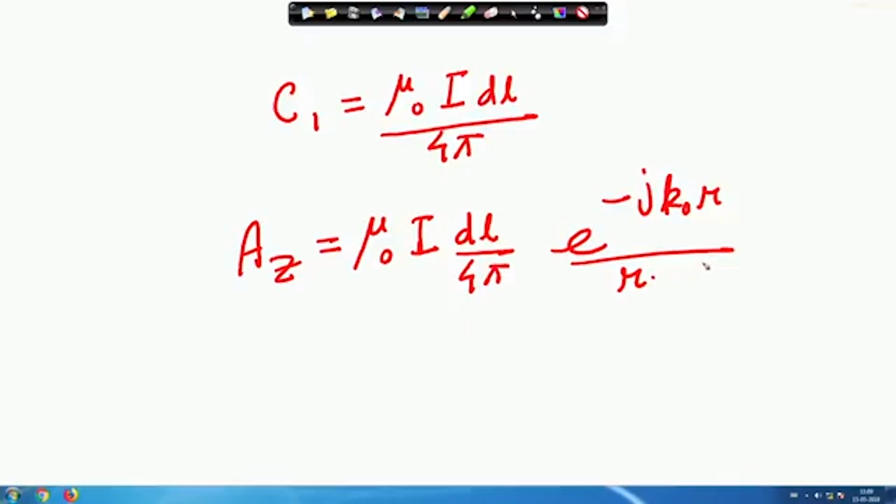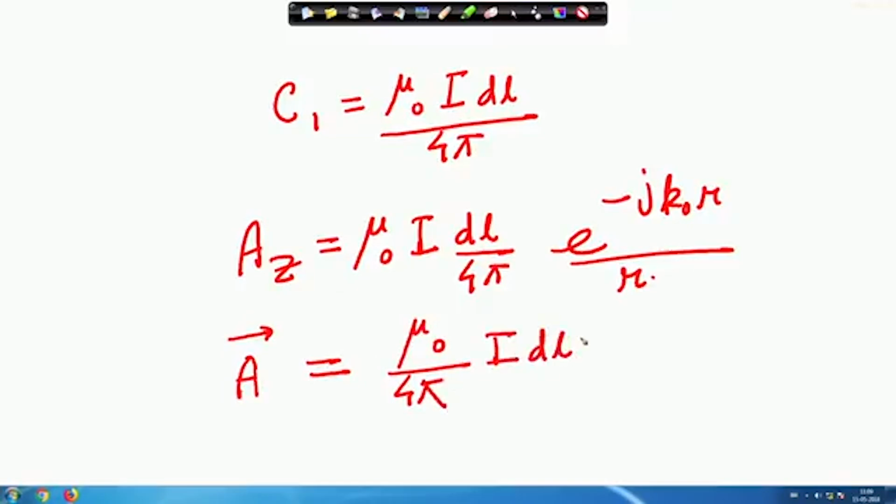So, finally, we found the A vector for the current element, that is mu naught by 4 pi I dl e to the power minus j k naught r by r, directed along z.